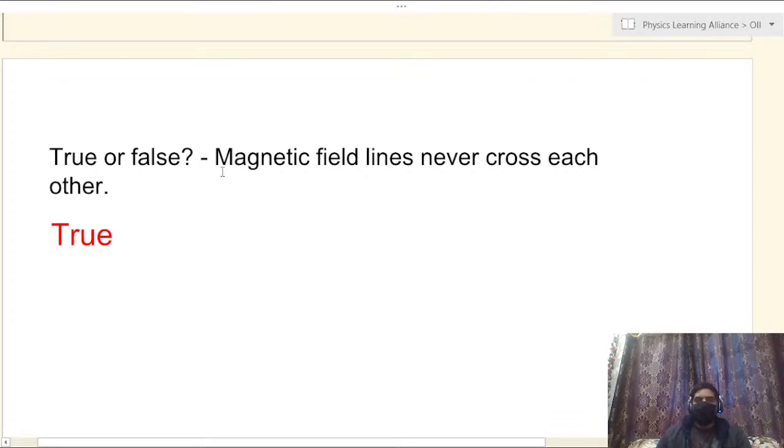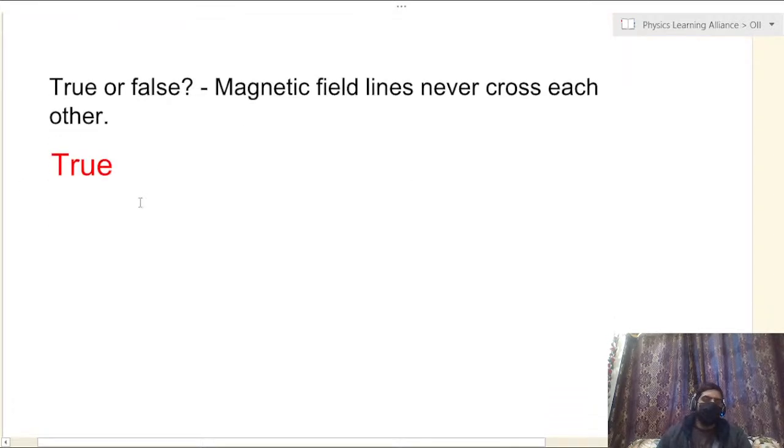True or false? Magnetic field lines never cross each other. Is that true or false? That is true. The reason is, let's say there's a magnetic field line in this direction and then there's a magnetic field line in this direction.